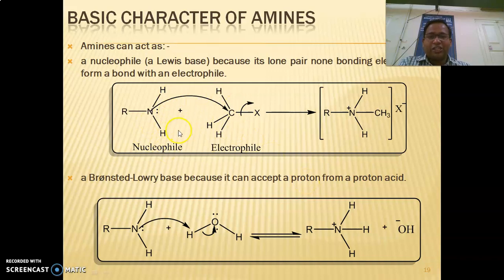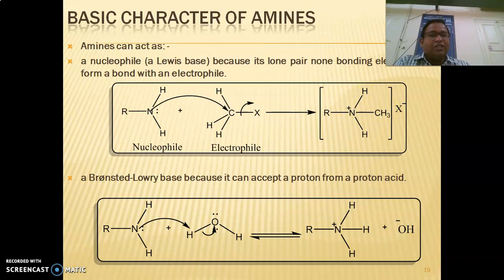In the first reaction, the amine, this is the primary amine, will attach to the alkyl halide and give rise to the corresponding quaternary amine, that is, ammonium ion. So this reaction explains that the pair of electrons is donated to the alkyl halide and forms the bond between the N and the alkyl group.